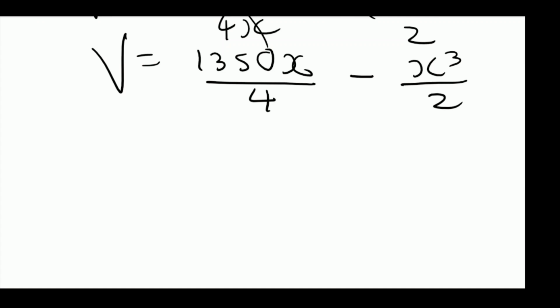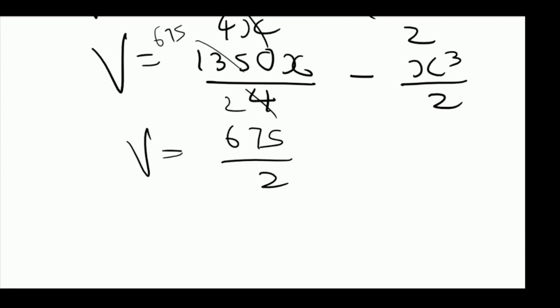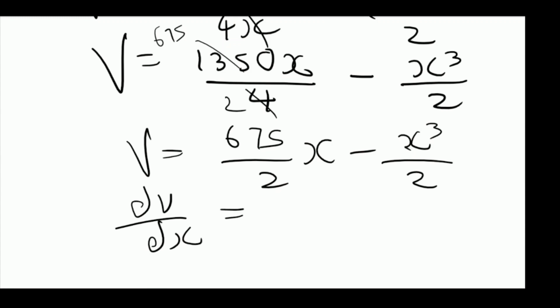But before we differentiate, 2 goes how many times here? It goes twice. 2 goes how many times here? It goes 675. So the volume will be equal to 675x over 2 minus x cubed over 2, right? So if we differentiate the volume with respect to x, it's going to be 675 over 2 minus 3 over 2 x squared.